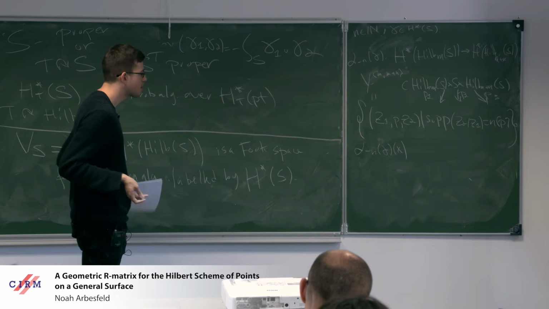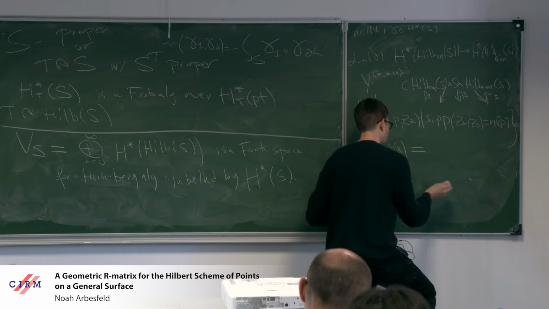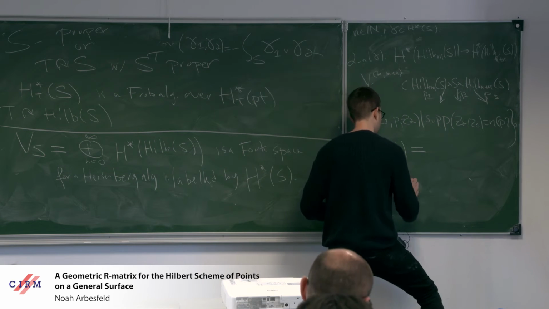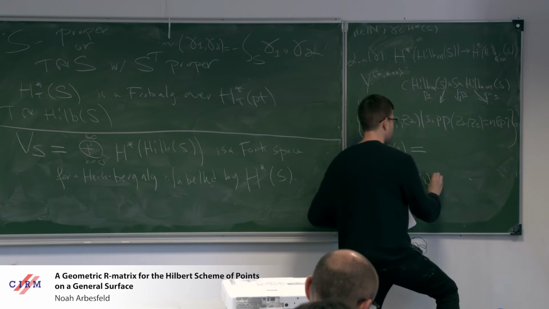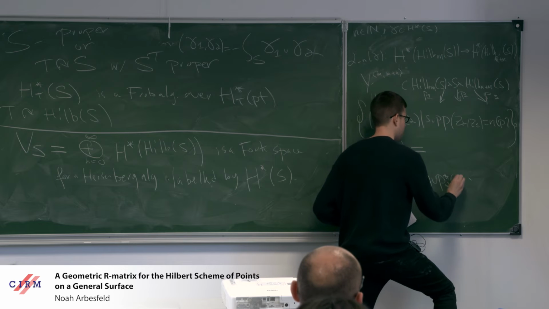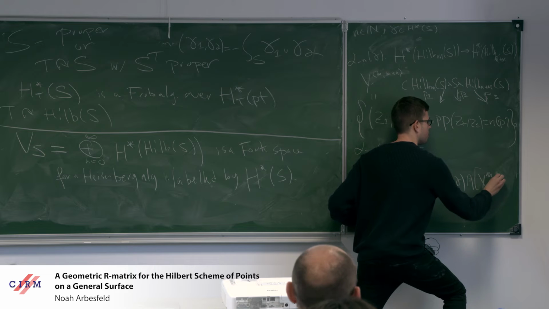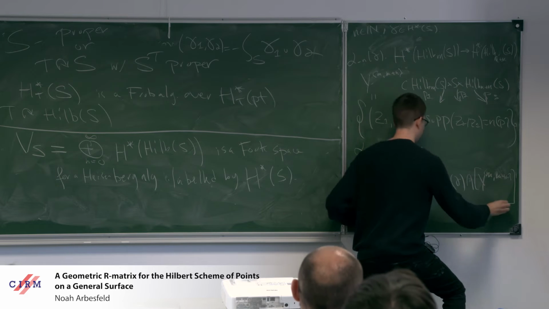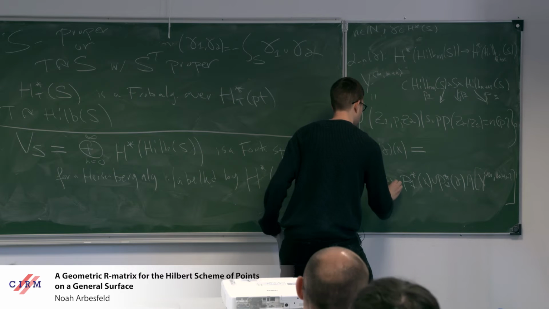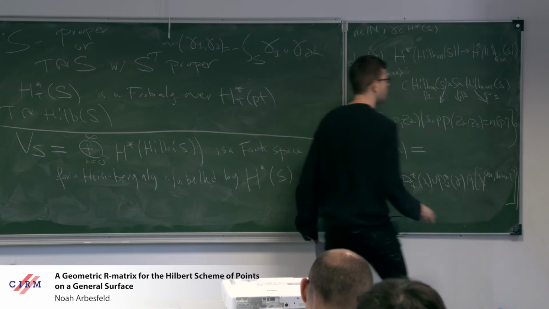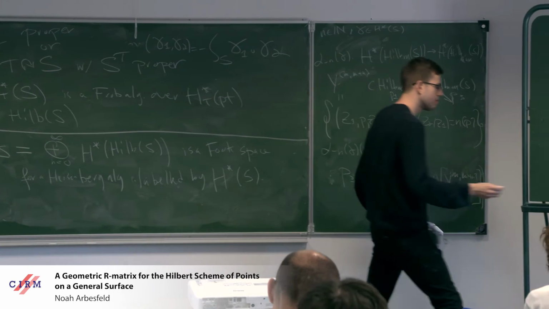And if I apply this operator to some cohomology class X of the Hilbert scheme, what I do is I pull back the cohomology class sitting on the surface, and I intersect with the fundamental class of this cycle. And finally, I push forward along my third projection map. And so maybe I need to localize some of these cohomology groups for everything to be well defined, but that's okay.